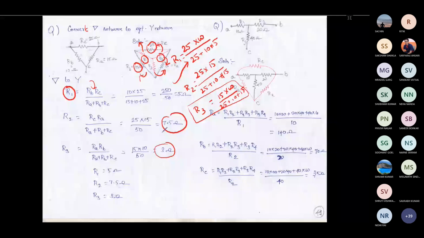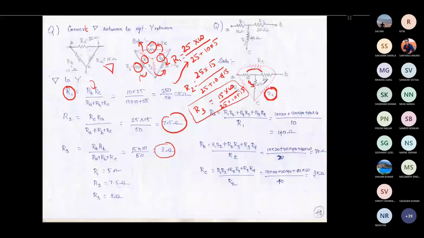So this is for the delta to star combination, and for star to delta we can use the same process as we discussed before. Here we are going to convert from star to delta. Let's say I want to find this RA from this circuit. For the numerator, I multiply these two and these two, and put the summation in the numerator.